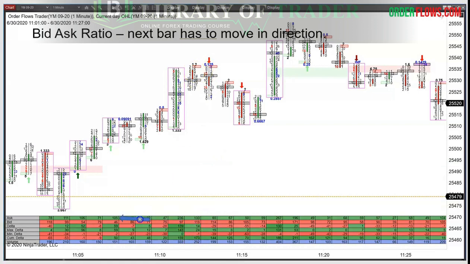Here, earlier, 46 versus 105. Again, the next bar does nothing, but the next bar gets within the 2 ticks, breaks out of it, and goes up. Here, 106 over 54. Next bar breaks through. That's what you like to see.